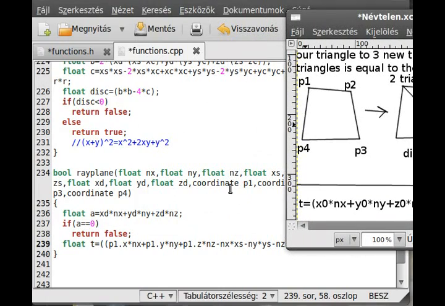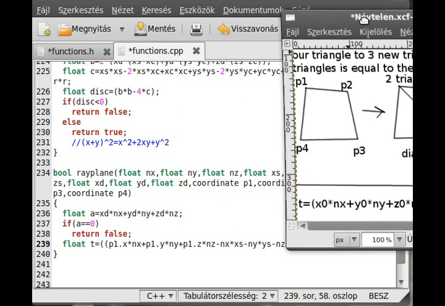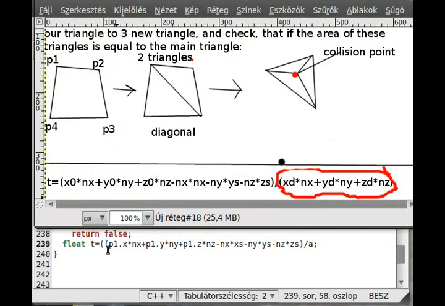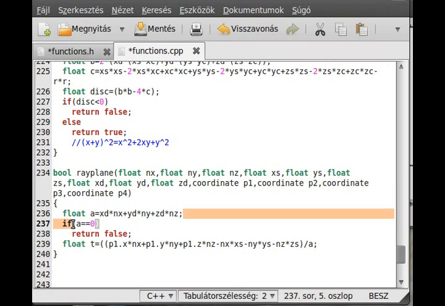Instead I will use p1 as a point. I could use p1, p2, p3 or p4, and I will get the same result. So I use p1.x, p1.y and p1.z instead of x null, y null and z null. The other difference is that this long expression, which is the normal vector times the direction vector, I represent with a, because I've already calculated it. I don't want to calculate it again.